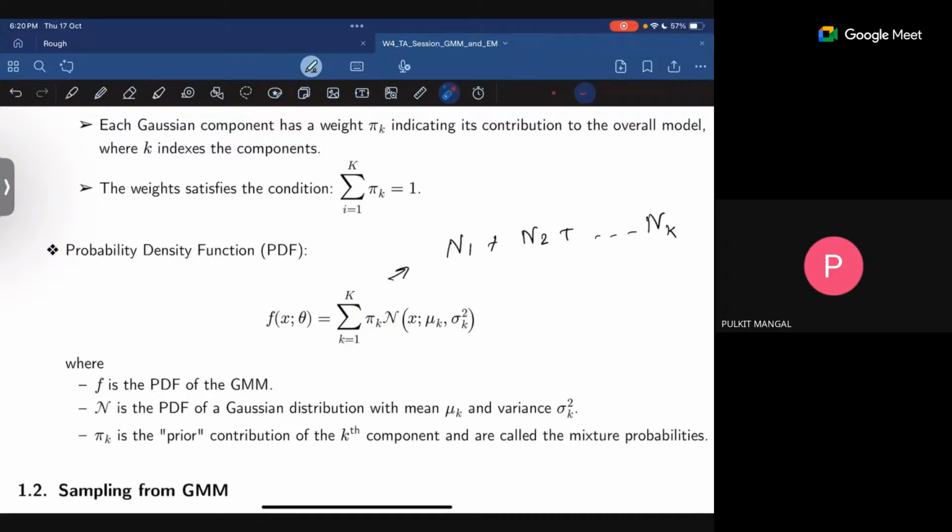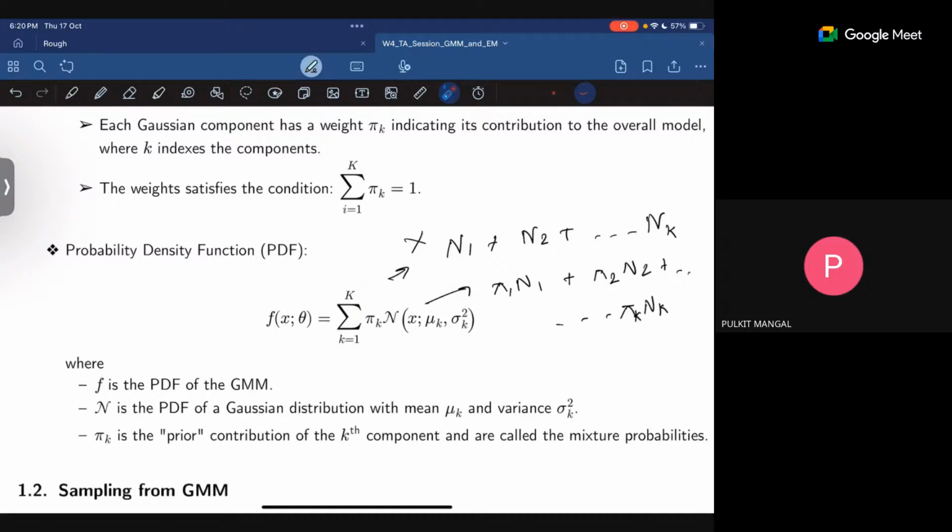We multiply each with that and then add them. So this is pi1 n1 plus pi2 n2 up to pi k nk. As we are multiplying them with the probability of choosing that component and then adding them up, that's why it shrinks.